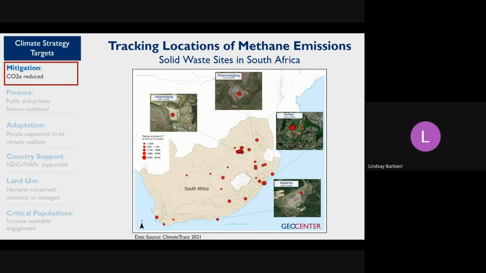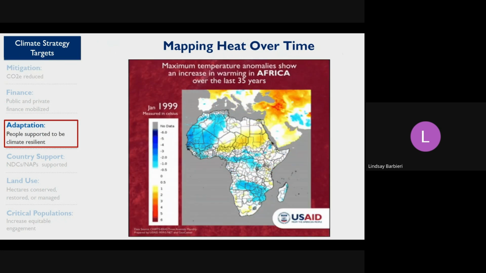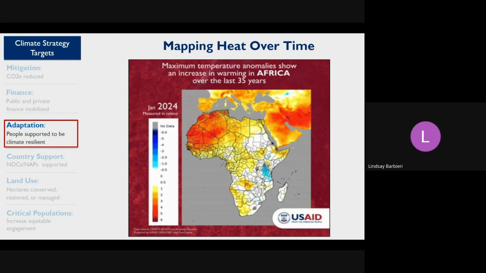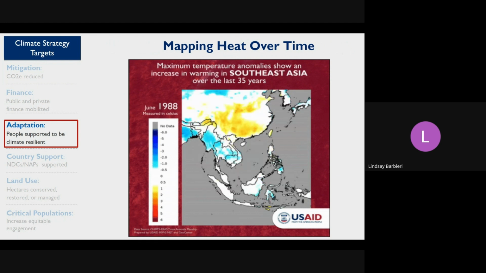As another example, on the adaptation side, we have helped with mapping heat over time. We did this with our partners at FuseNet from BHA. This was contextual information showing how heat, and particularly the maximum temperature anomalies, have shifted and increased over time.